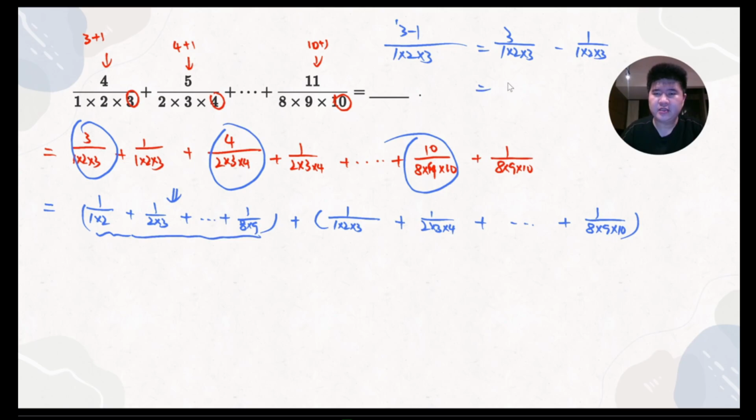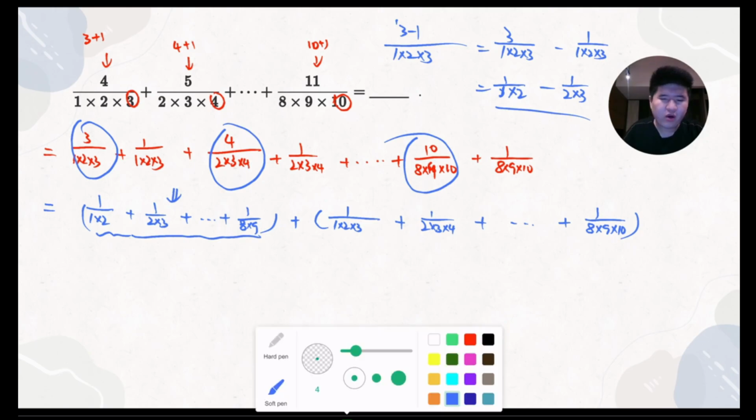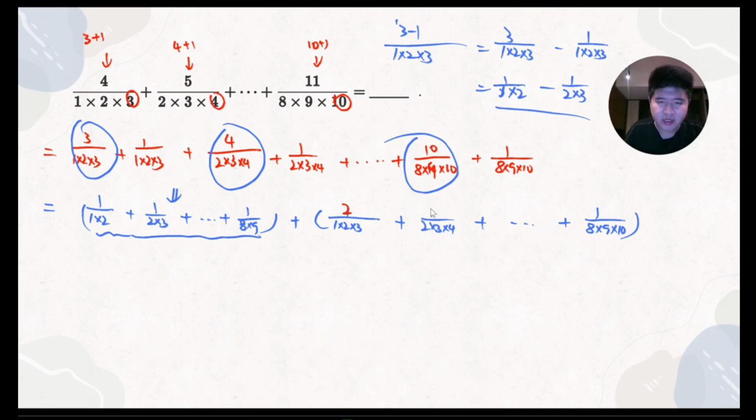And here is 1 over 1 times 2 minus 1 over 2 times 3. 1乘2分之1减去2乘3分之1。And this is okay to do the telescoping. 我会发现这种方式的话呢，如果我们的分子满足要求，它也是可以列项的。So we want the numerator to be 2 here, 2 here, and 2 here.